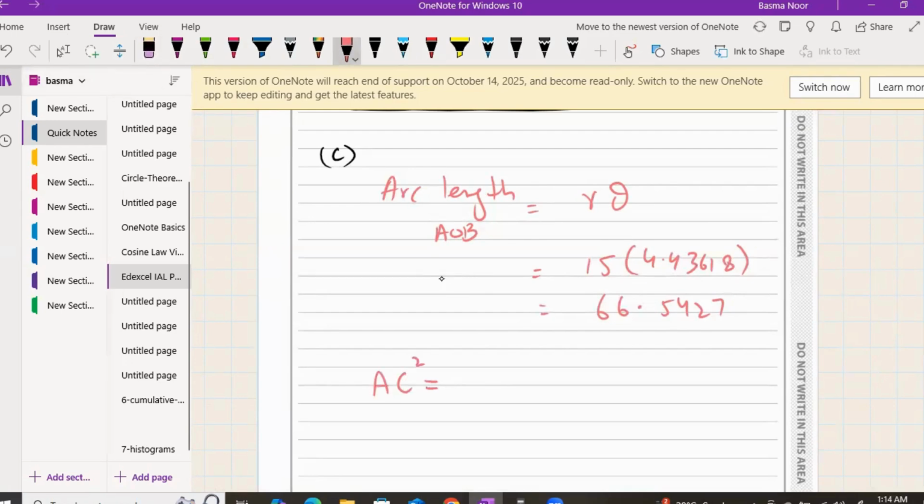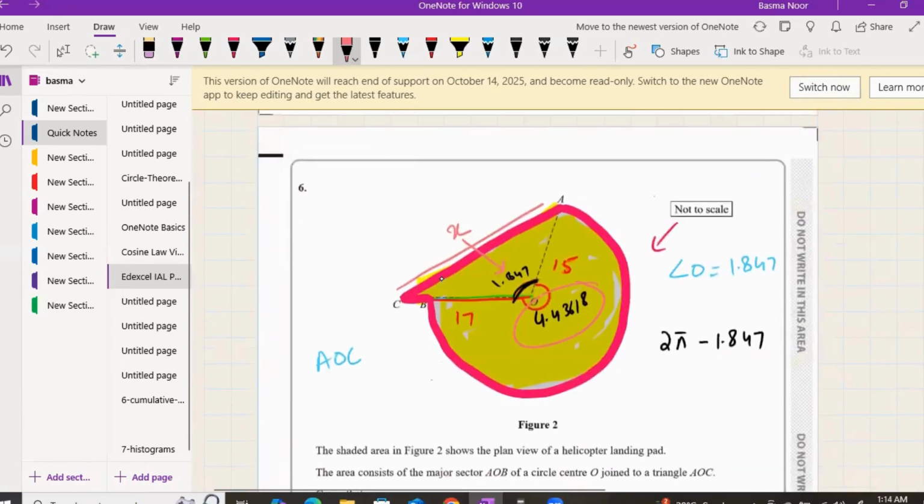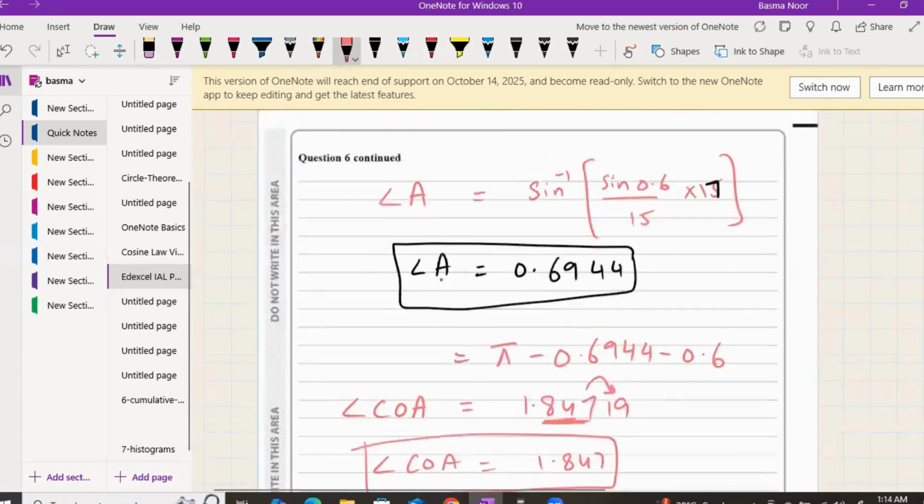AC squared equals the sum of the squares of the other two lengths, which for this triangle are 17 and 15.